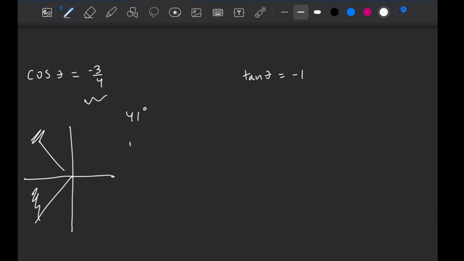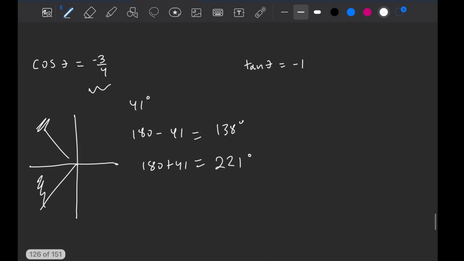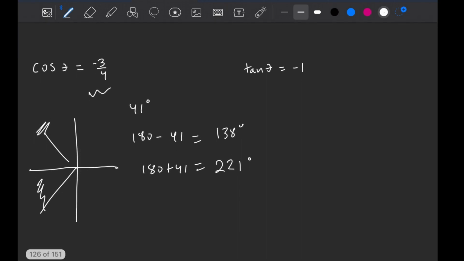So then it's going to be 180 minus 41 degrees to figure out the one in quadrant 2, and then 180 plus 41 to figure out the one in quadrant 3. So this one's going to be 221 degrees, and this one would be 138 degrees. Okay? Basically just figure out where it's going to be positive or negative.